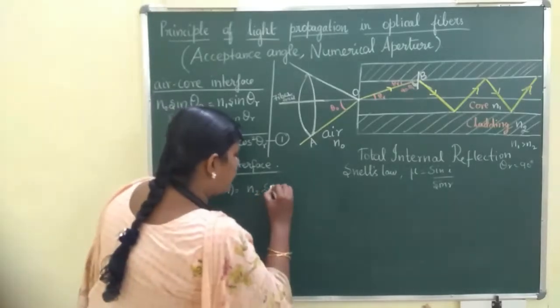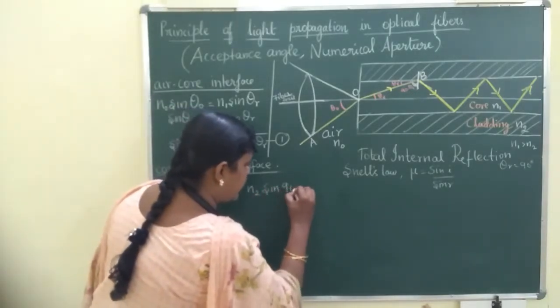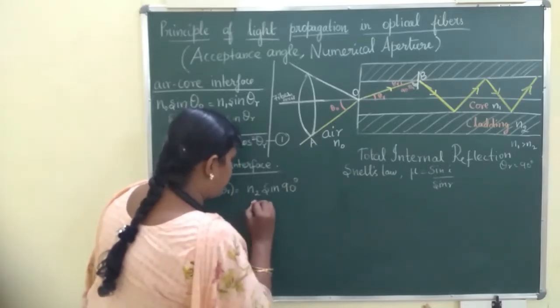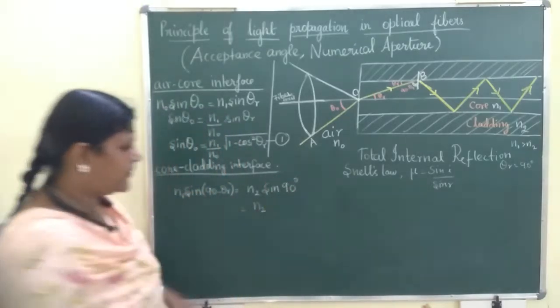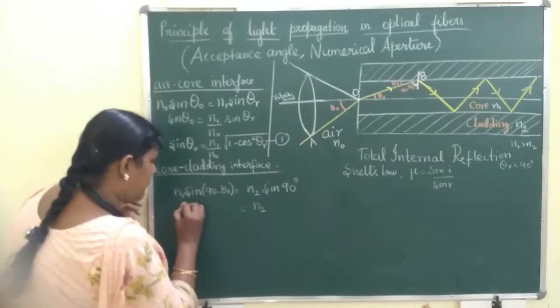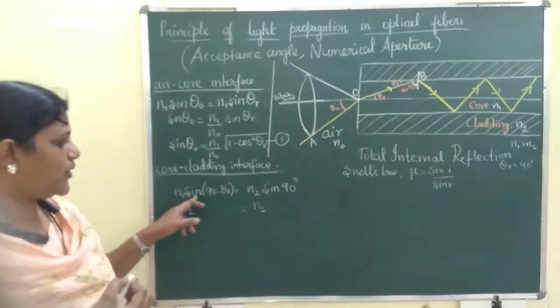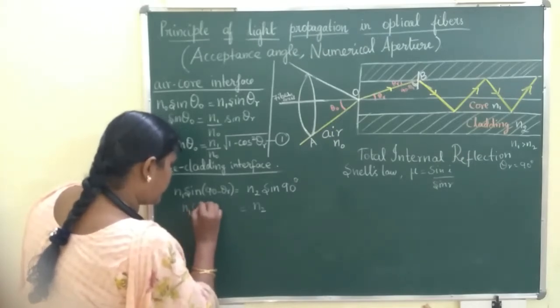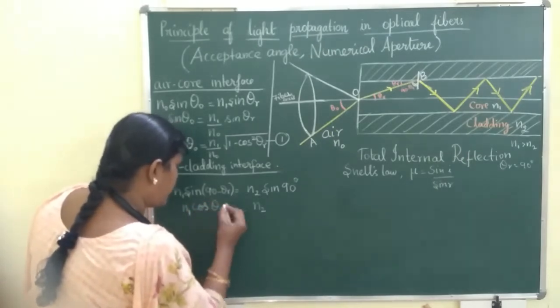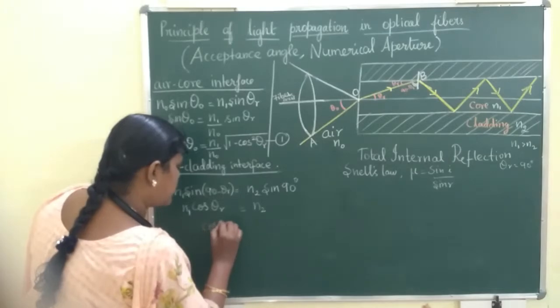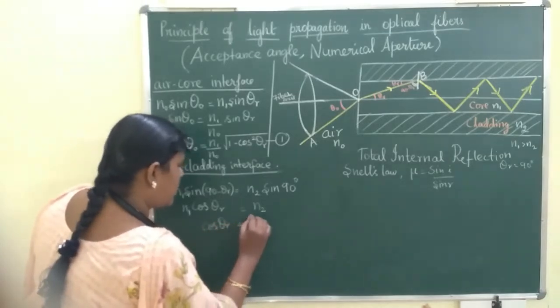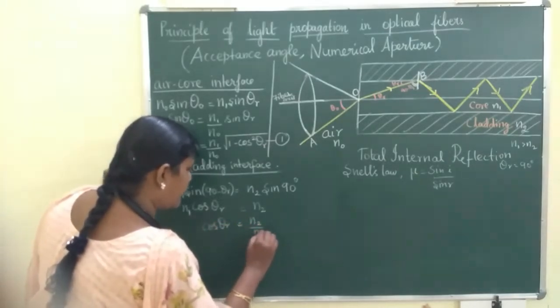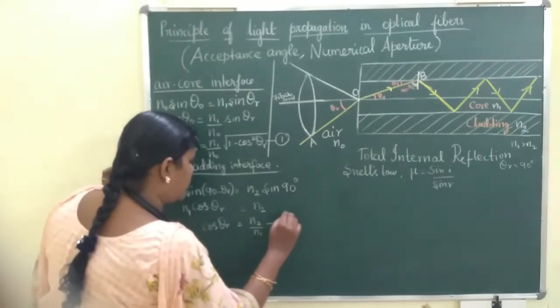The angle of refraction is 90 degrees, and sin 90 is 1, so we can leave it. Sin of 90 minus theta r gives cos theta r, so n1 cos theta r equals n2. Hence cos theta r equals n2 by n1. We take this as equation number 2.